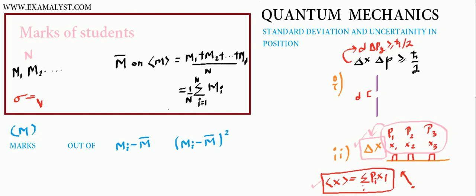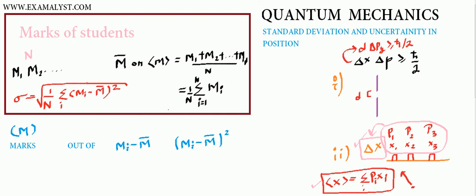It is root over 1 by n, where n is the number of values given, let it be marks or whatever, summation over i of mi, the individual marks of students, minus m bar, the average mark, and this quantity needs to be squared, and everything is inside the square root. Agreed?